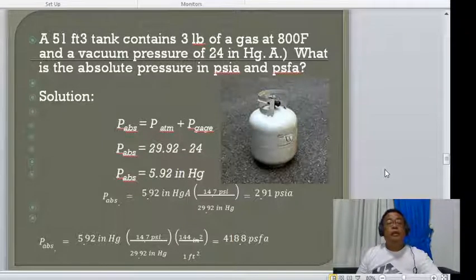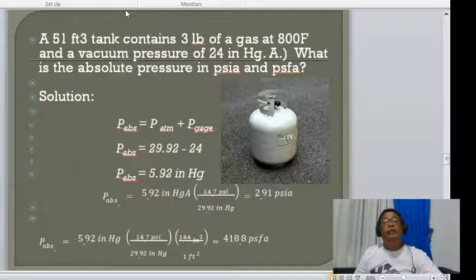Let us again take another example. A 51 cubic feet tank contains 3 pounds of gas at 80 degrees Fahrenheit and a vacuum pressure of 24 inches of mercury. The question is, what is the absolute pressure in psi absolute and pound per square foot absolute?